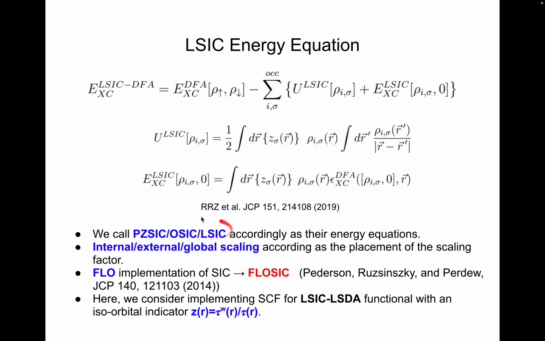Now, any of those SIC methods, you can implement with your choice of local orbital. So here, in the scope of this talk, if any of those SIC implementations were done using the Fermi-Löwdin orbitals, we will refer to it as FLOSIC, the Fermi-Löwdin orbital self-interaction correction.